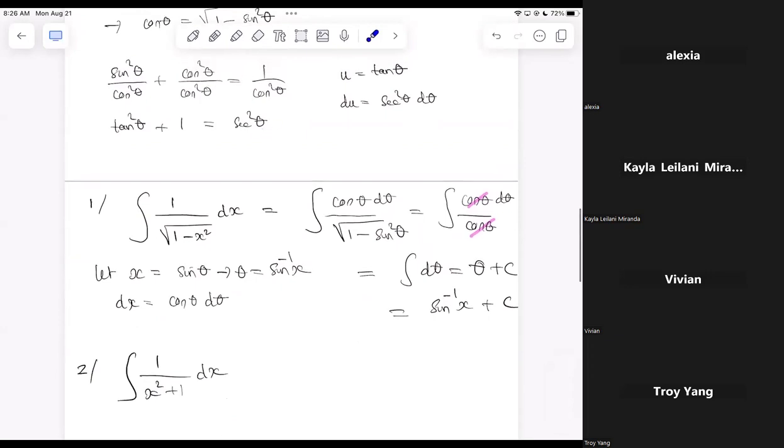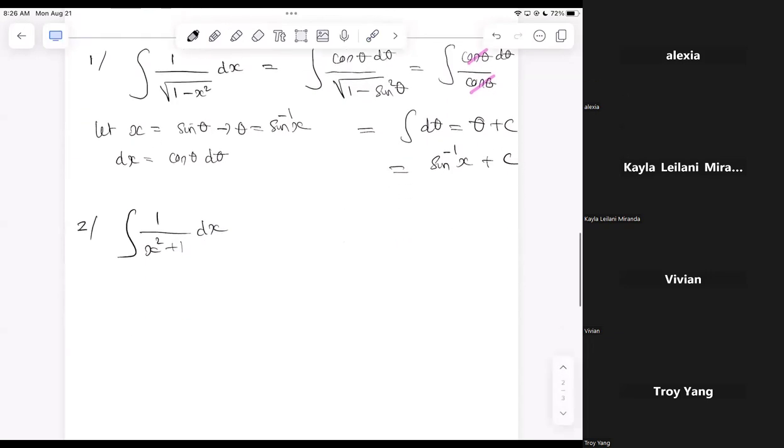And dx is going to be equal to secant squared theta d theta. So on top we have secant squared theta d theta, and on the bottom we have secant squared theta. Secant squared theta divided by secant squared theta is just 1, so after that you just have the integral of d theta.